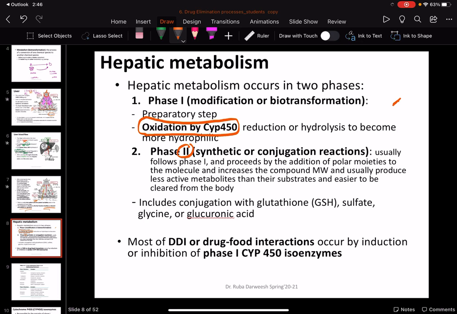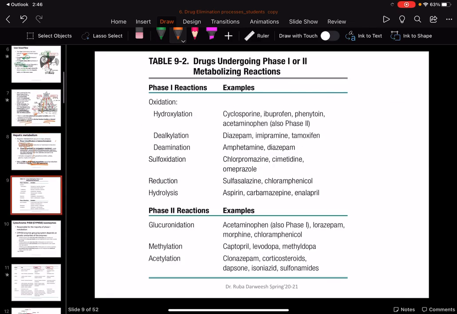Most drug-drug interactions, or even drug-food or drug-herb interactions, occur at the phase 1 CYP450 enzymes or isoenzymes. That's why in drug-drug interaction warnings or contraindications you can find something related to interaction at this level.